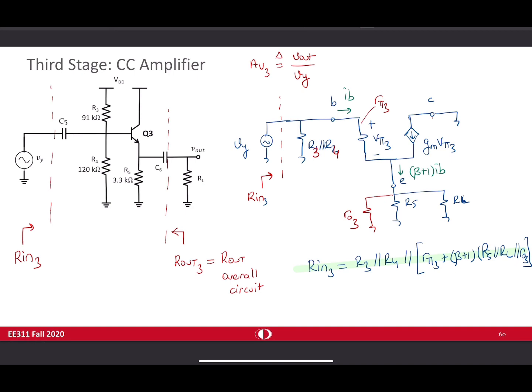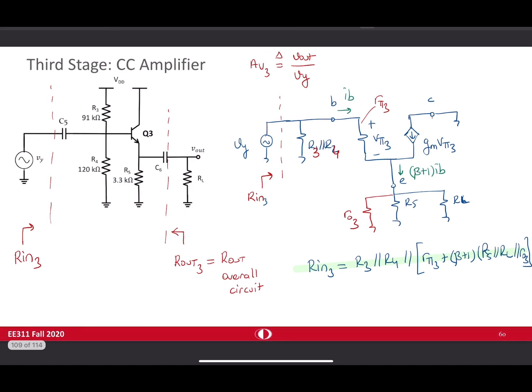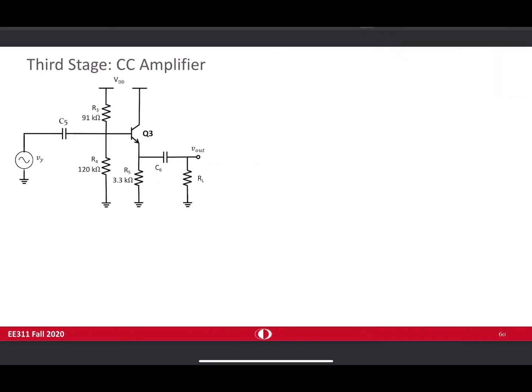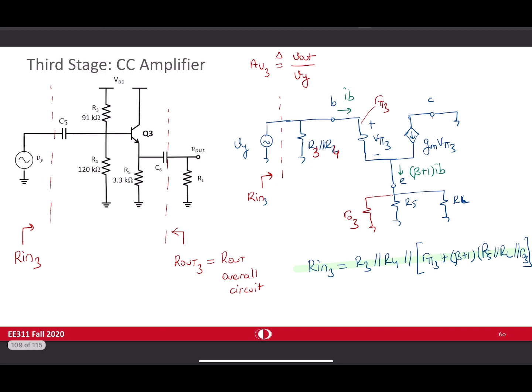The next thing that we should do is the voltage gain. So let's find AV3, which is Vout divided by Vy, and I'm going to copy this thing from there.